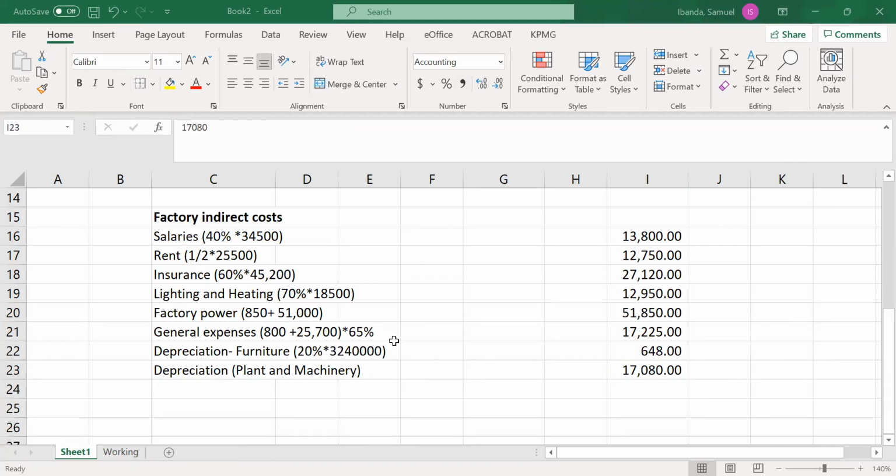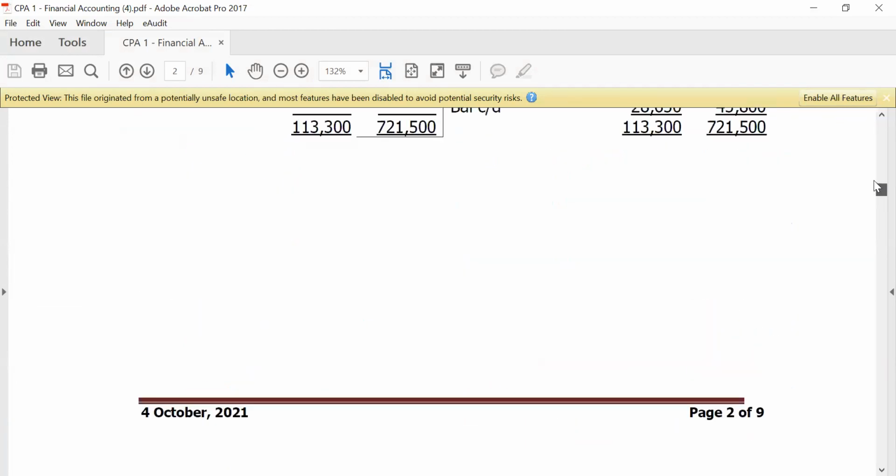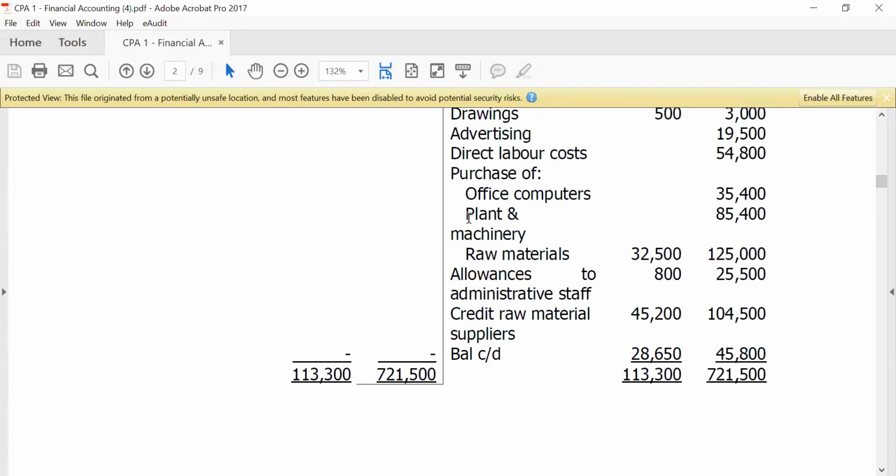But there's one thing that I want to bring to your attention before we report that 17,800. I want us to look here. There is a plant and machinery that is recorded under our so-called cash book. So in addition to the plant and machinery that we started with, there was another plant and machinery that was bought. So we also have to depreciate this plant and machinery and add the two depreciations together.